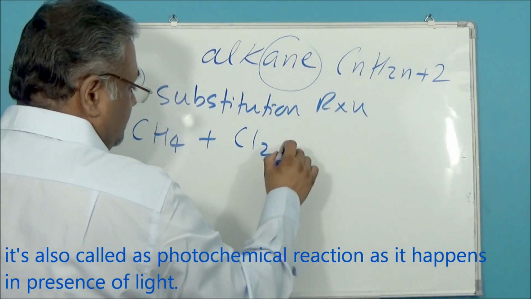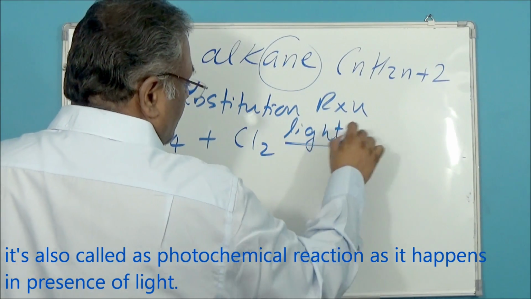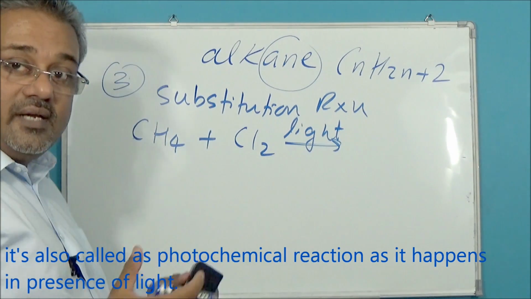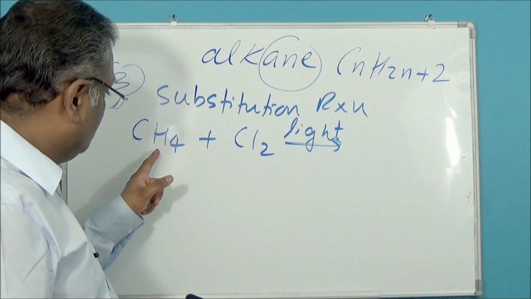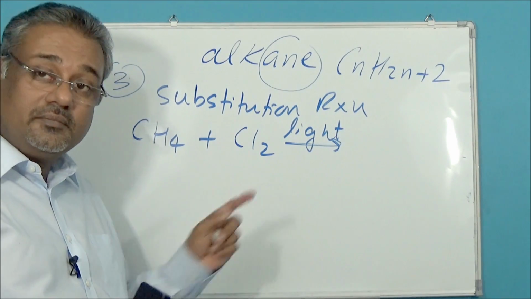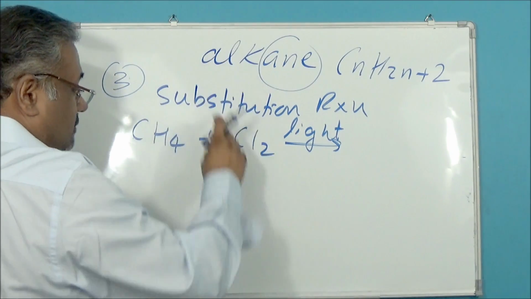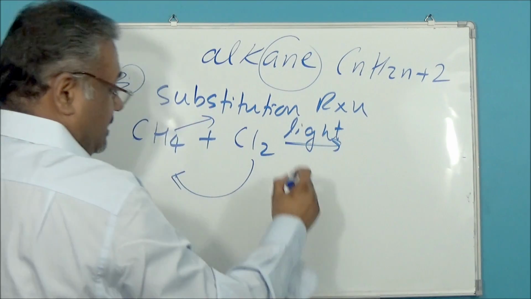This reaction takes place in the presence of light. And in this reaction, as per the IGCSE level, all you have to remember is that one of the H atoms from the alkane is replaced by a chlorine atom. So one H goes out, one chlorine comes in.